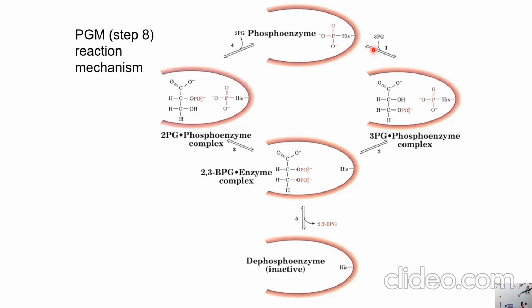Go check out the slide, this is self-explanatory. From the phosphoryl enzyme complex, everything starts happening. It's not exactly cyclic, it's a sequential process.